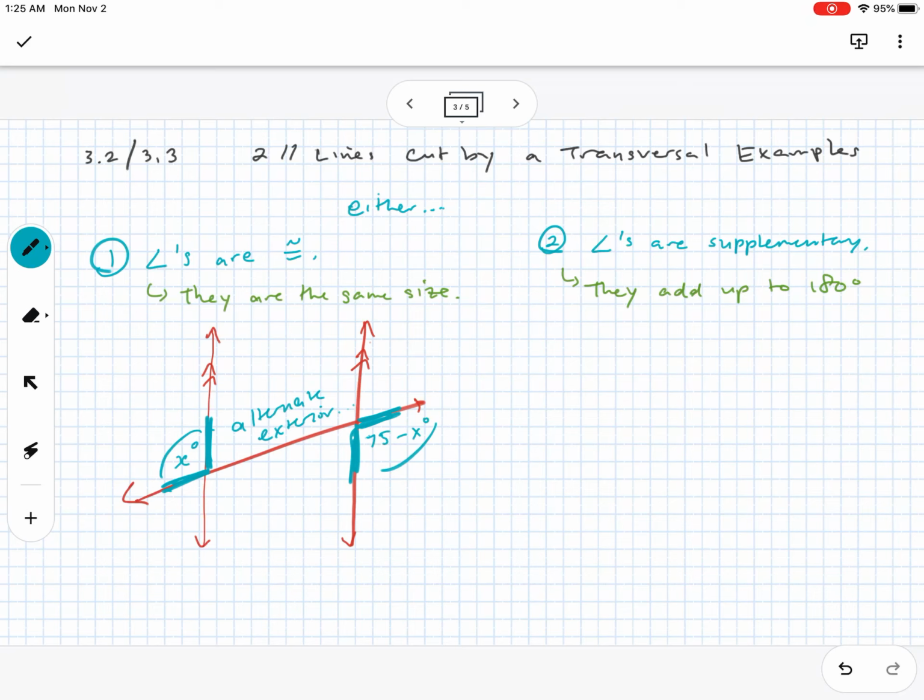But even if you don't know that, you can look at this and kind of look at the shape and be like, okay, they're the same shape, right? The pizza slice is the same size. And so because of that, I can set up this equation that x and 75 minus x are equal to each other, and then I can work it out from there.